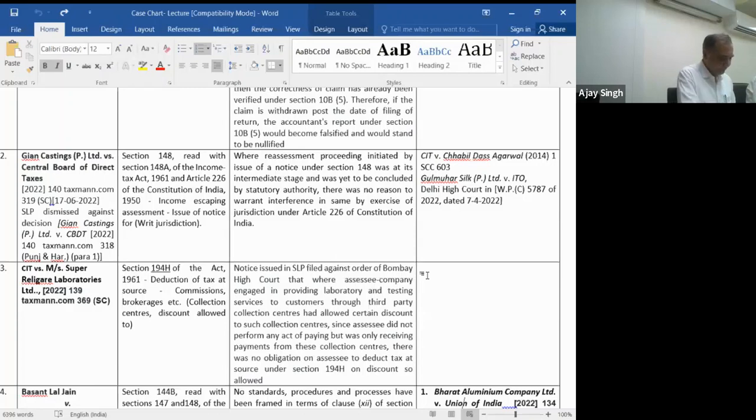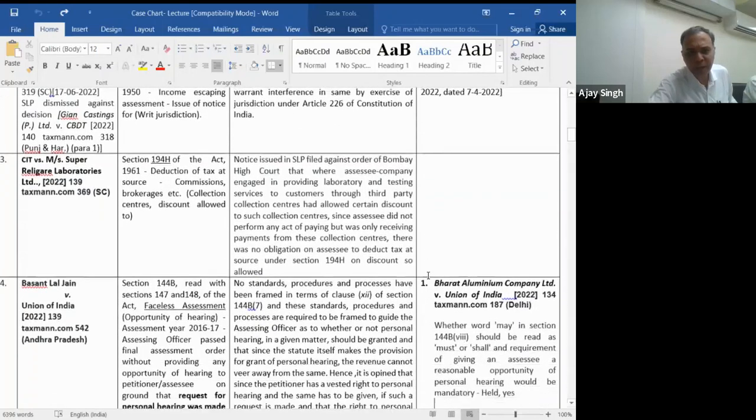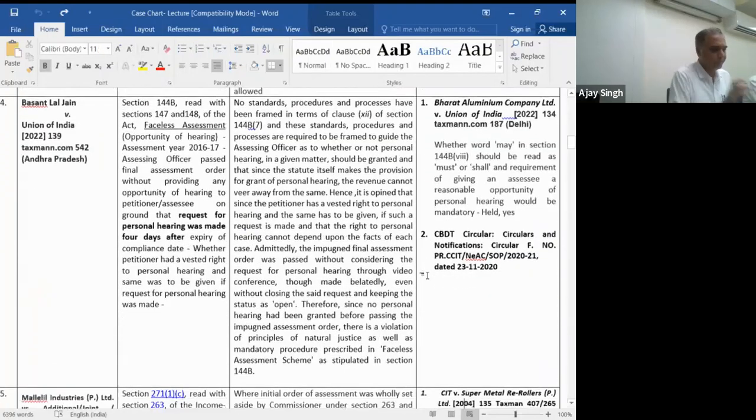Coming to the next decision, Basant Lal versus Union of India. Just a second, I'm just trying to open the decision which is there in my file.